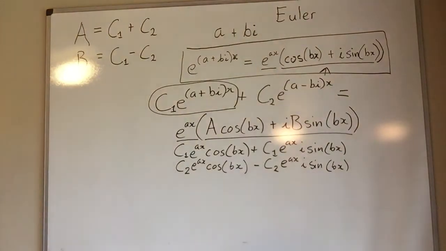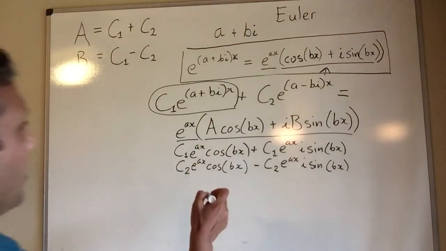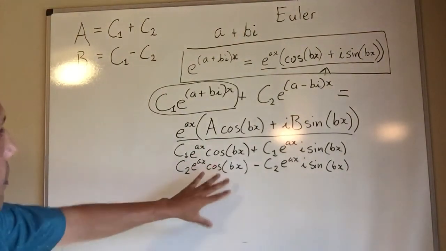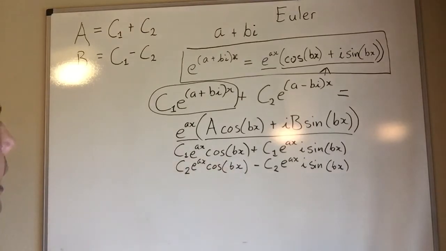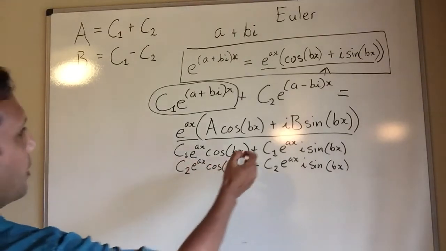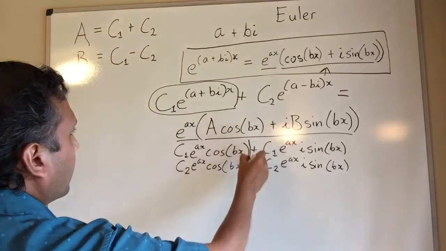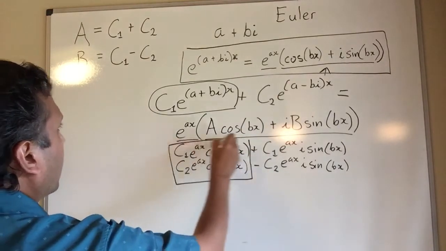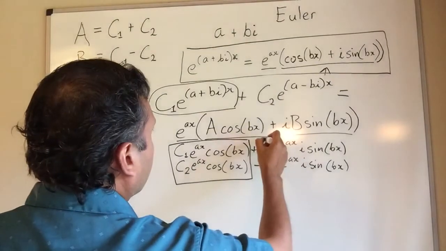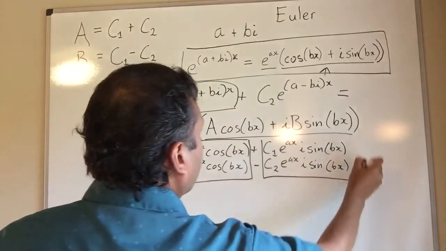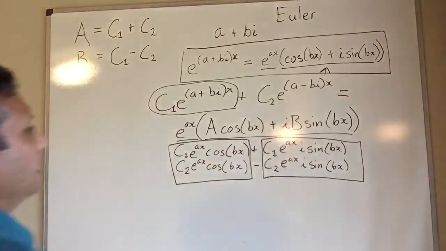So what I can do now is combine like terms, in the sense that I write the cos values together and the sine values together, like that.